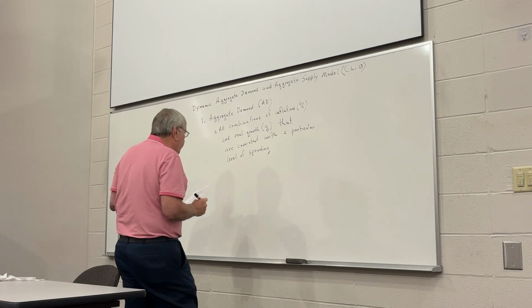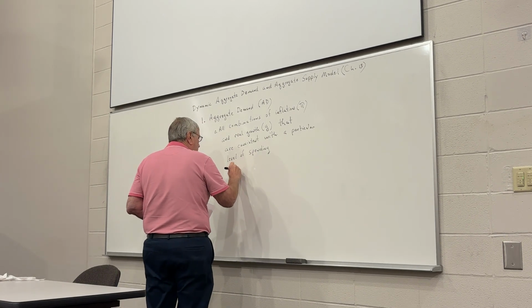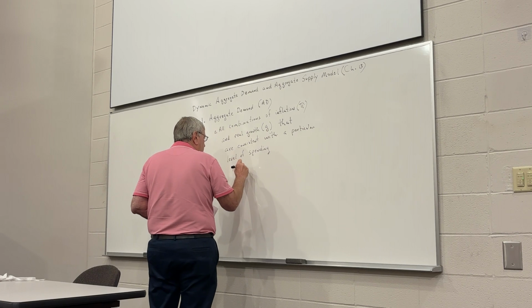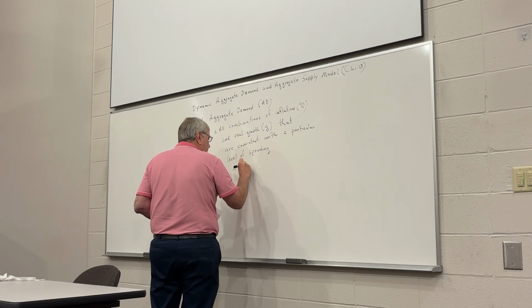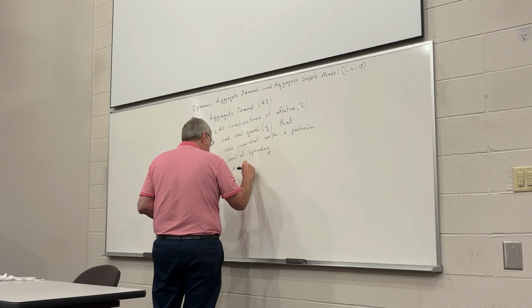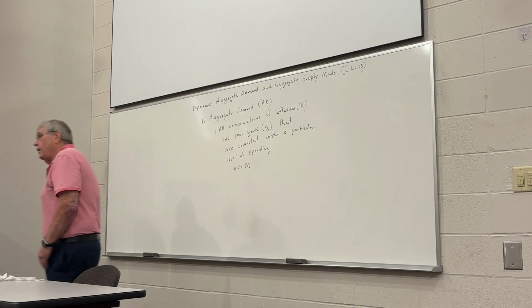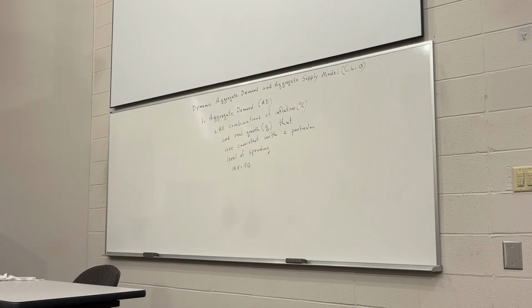So we know we have from the chapter on the quantity equation and the price level, this MV equals PQ. I said at the time it's sort of a tautology, meaning it's always true.